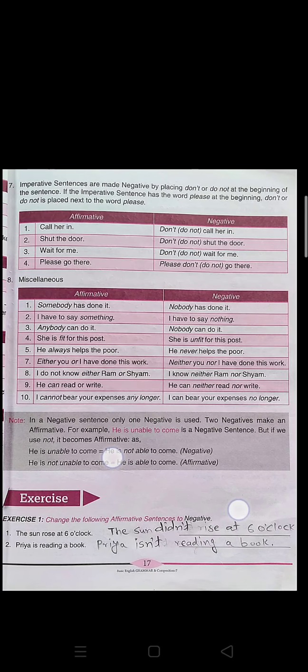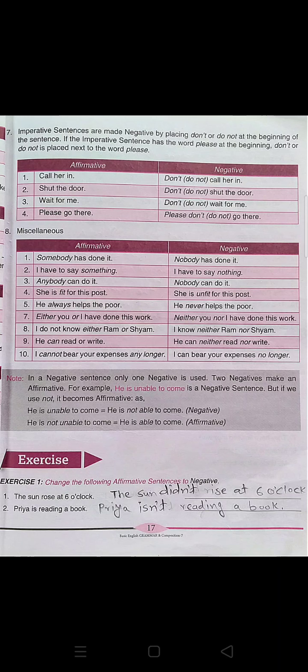Some note is given here. In a negative sentence, only one negative is used. Two negatives make a sentence affirmative. For example, he is unable to come is a negative sentence. But if we use not, he is not unable to come means he is able to come.